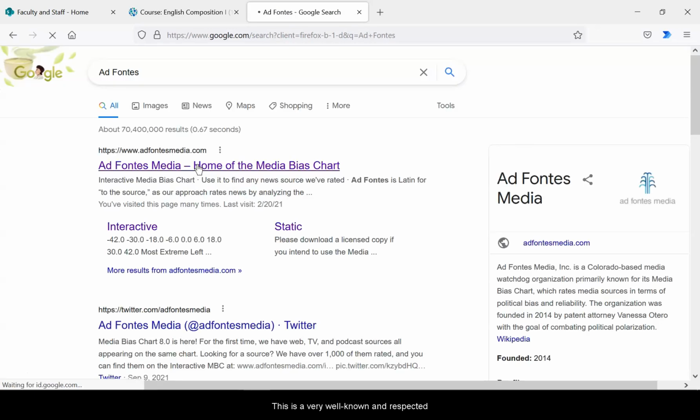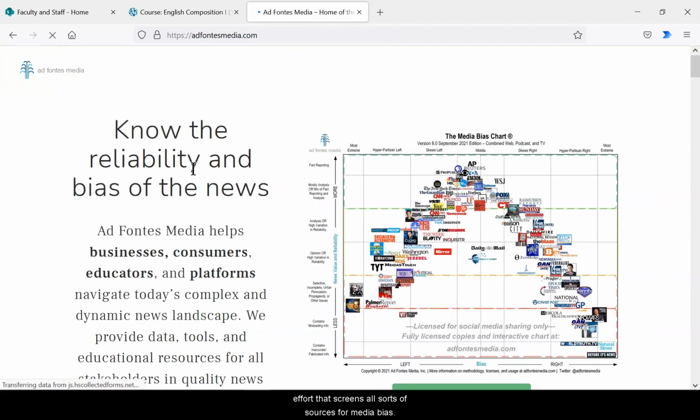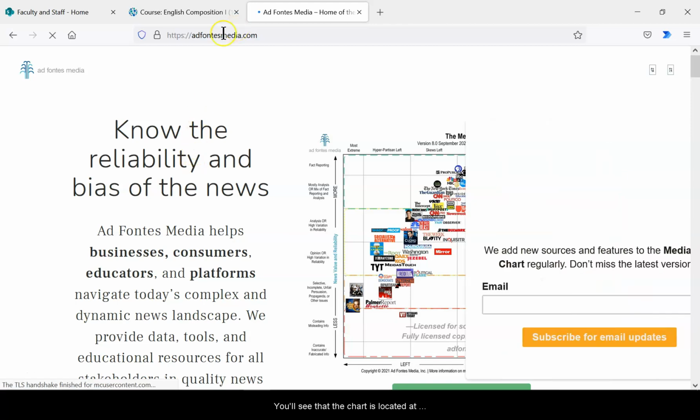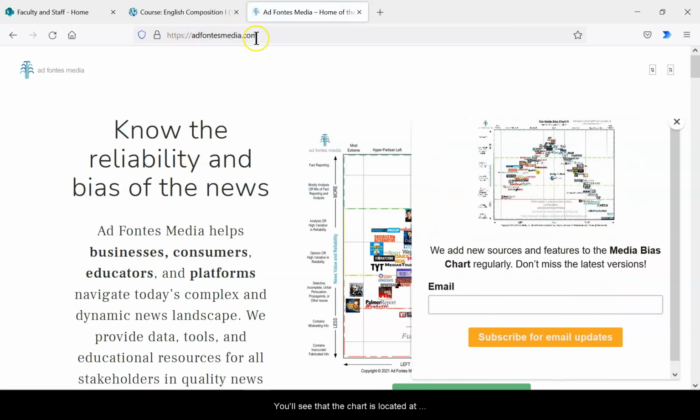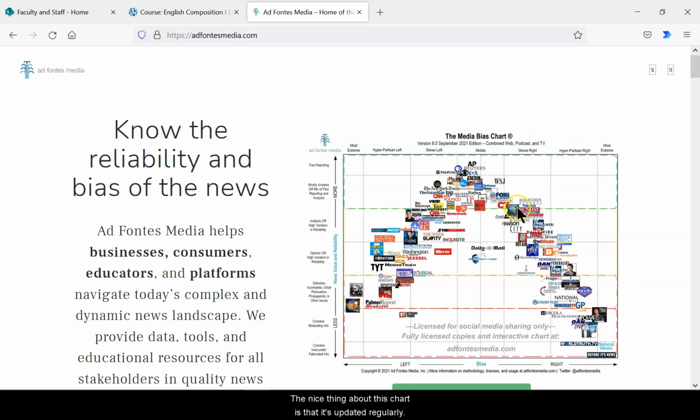This is a very well-known and respected effort that screens all sorts of sources for media bias. You'll see that the chart is located at adfontesmedia.com. The nice thing about this chart is that it's updated regularly.